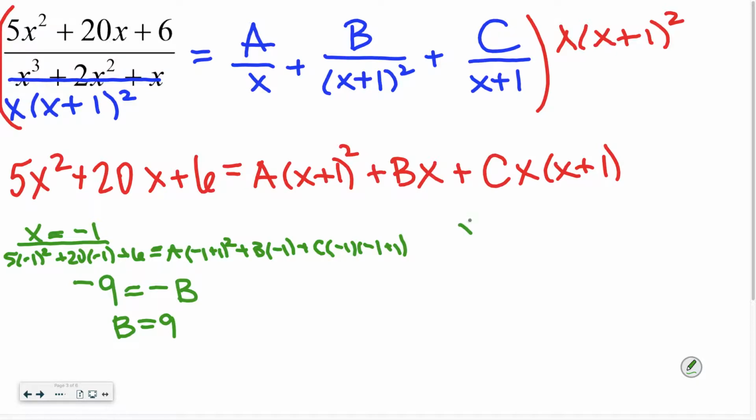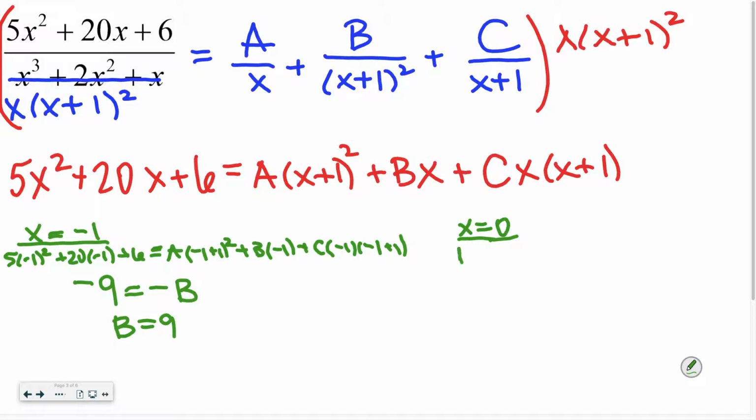What is another value for x that we could plug in to help us find a constant? 0. We have a factor of x, so plugging in 0 is going to be helpful. What happens when we plug in 0 to the left side? It's just 6.